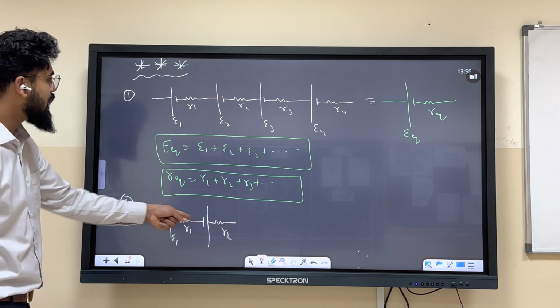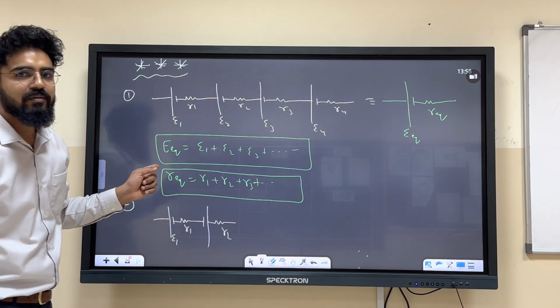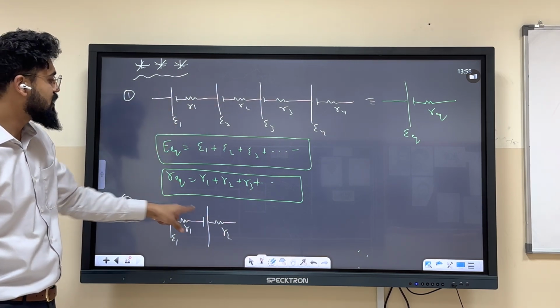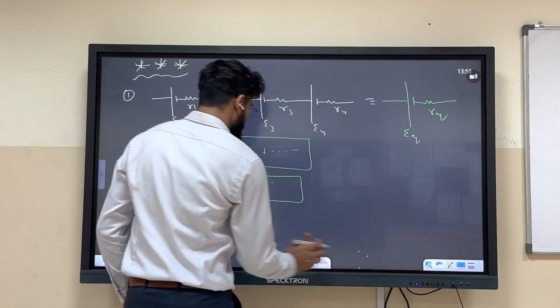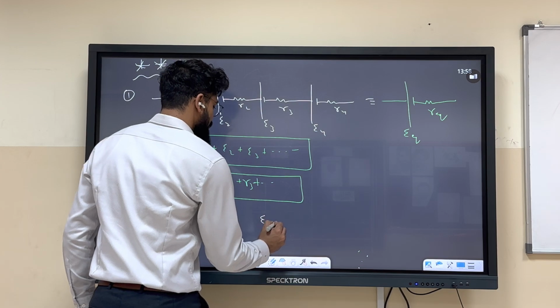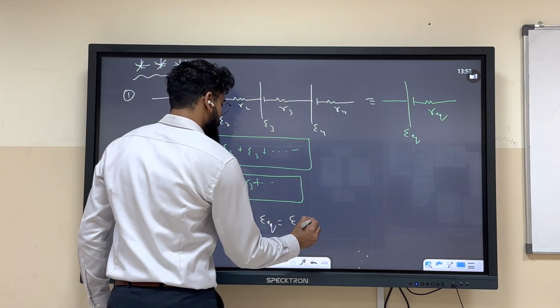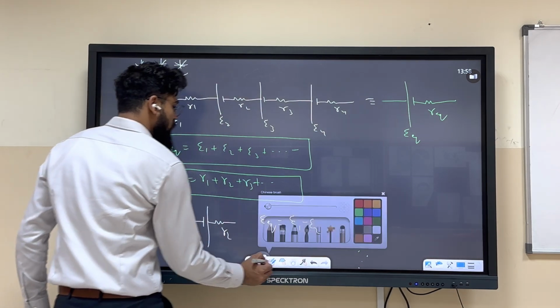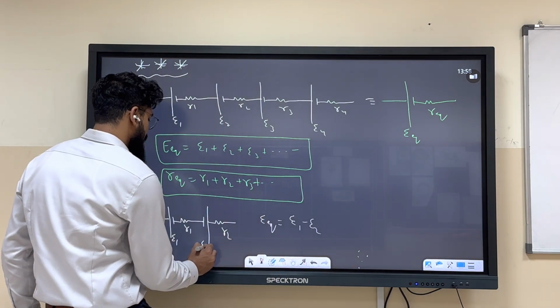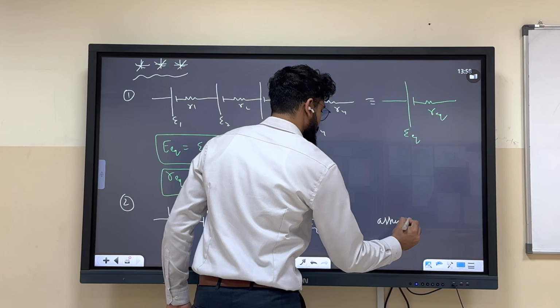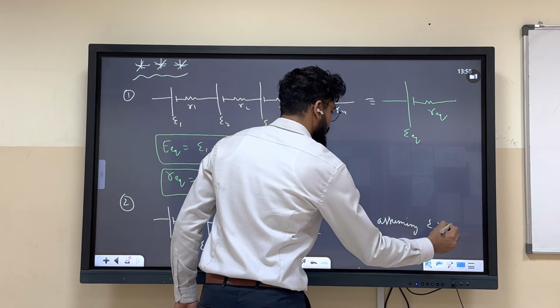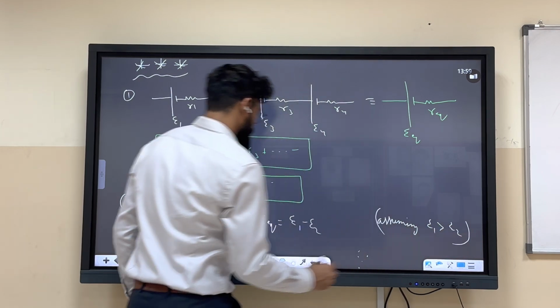They are not aiding each other, right? This is helping this, but this is trying to destroy. So over here, E equivalent will be E1 minus E2. Over here, I am assuming that E1 is greater than E2. Okay, so this is my assumption.